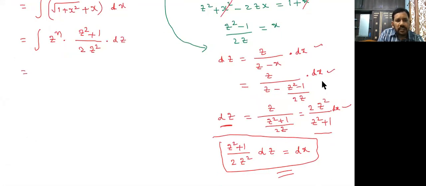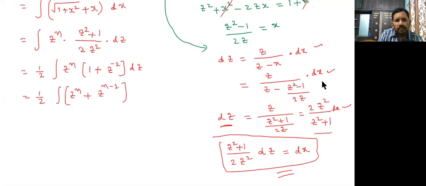To take outside, there is 1 by 2 integration z power n into z square divided by z square, plus 1 by z square, that is z power minus 2 dz. Multiply here, 1 by 2 into z power n plus z power n minus 2 dz.